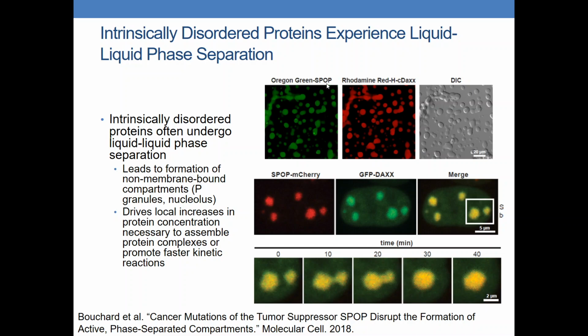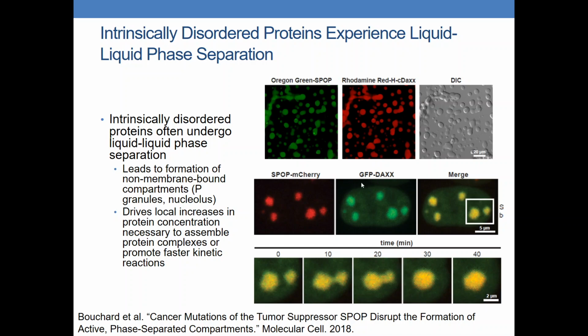Okay, so if we look here, I'm just going to show you an example. We have this protein SPOP and another protein called DAX. These proteins are represented as being green or red. We can observe them because they are genetic fusions. So SPOP is down here. SPOP has been made as a fusion with this fluorescent protein mCherry.